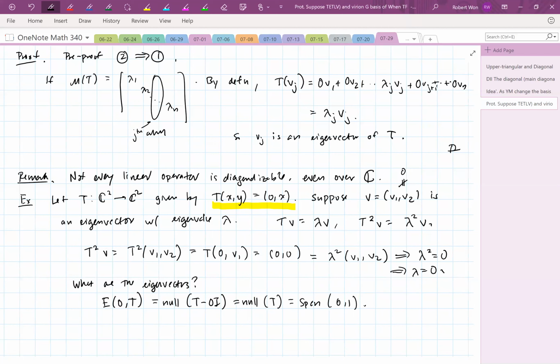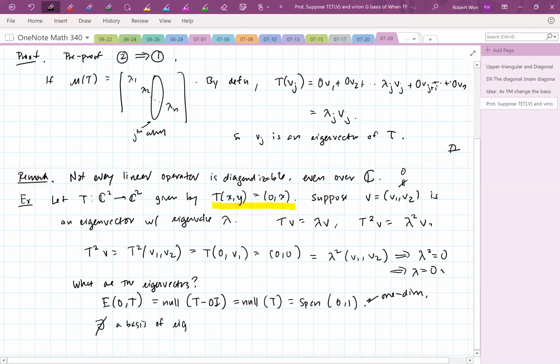So I can't find a basis of eigenvectors of C2, which means that T is not diagonalizable. It's one-dimensional. So there does not exist a basis of eigenvectors of T, which means that T is not diagonalizable. Right?